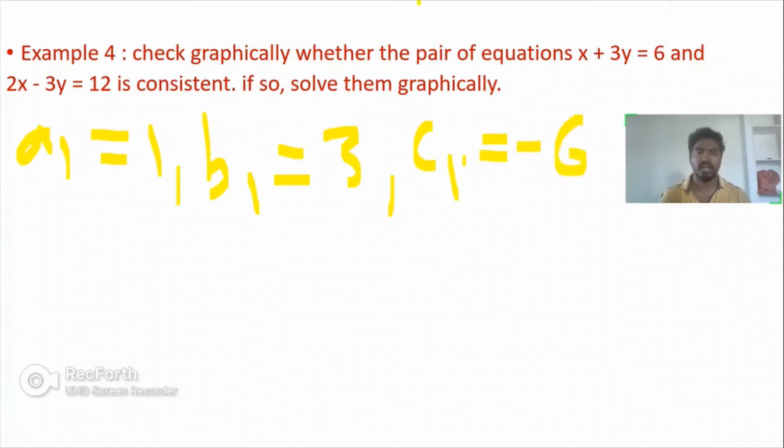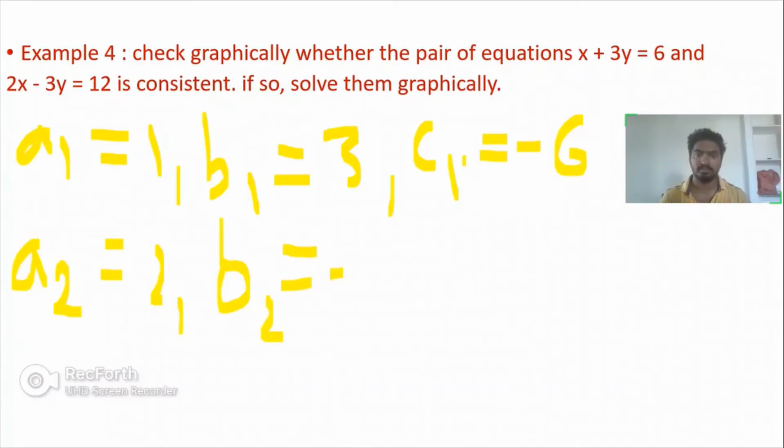Now taking the second equation and comparing with the standard form, we are getting a2 is equal to 2, b2 is equal to minus 3 and c2 is equal to minus 12.